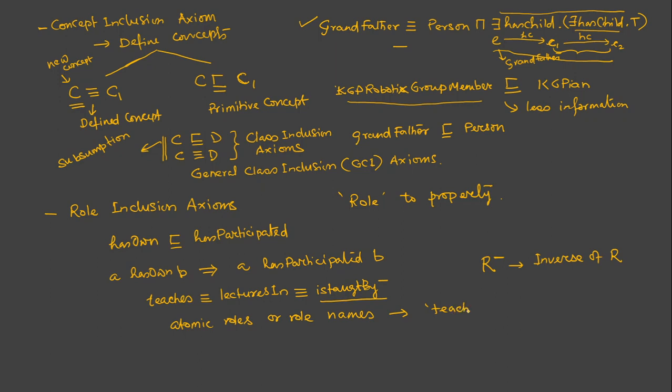So teaches is one atomic role or also a role name, right? We want to make it distinct from role inverses. So role inverses is basically this R inverse or is taught by inverse. So these are role inverses, right?